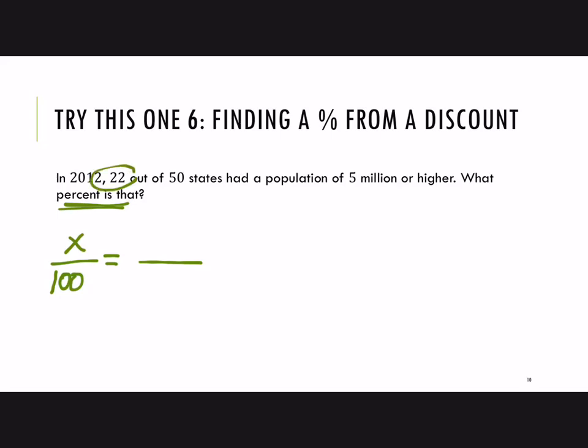Well, that was 22 of those states. So what percent is that? What percent is the 22 out of the 50? So the 22 is the portion out of 50, and 50 is the total. Notice that 50 goes with the word of, so that's another confirmation that that's in the denominator.